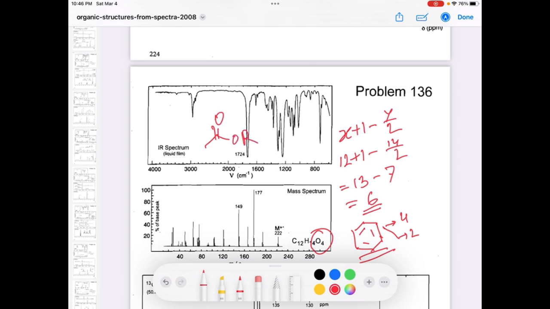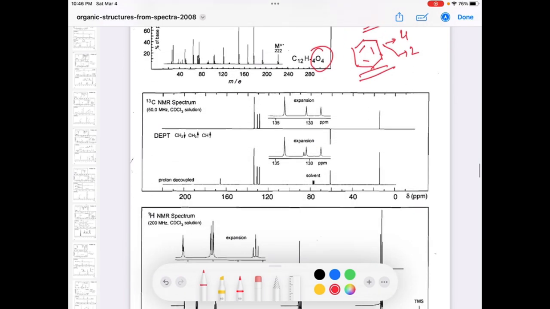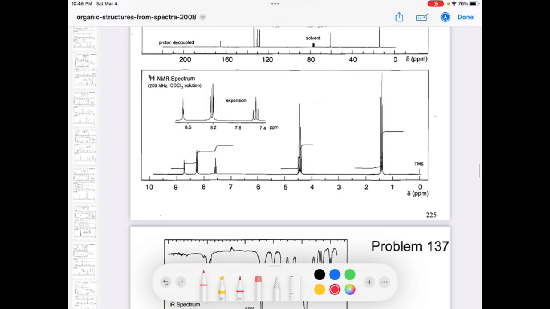Now go to the proton NMR. So what groups are you getting from the proton NMR? There is a triplet here at around 1.5.